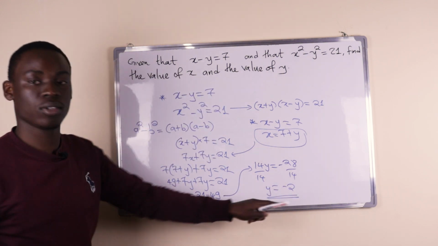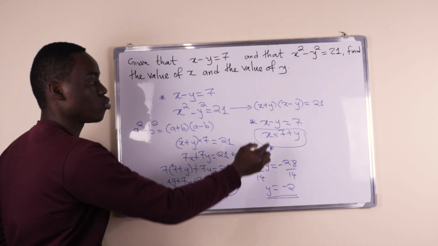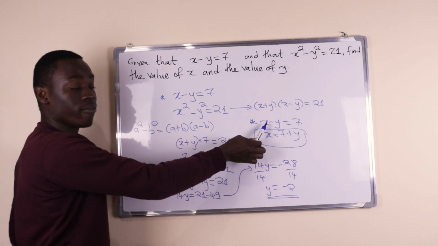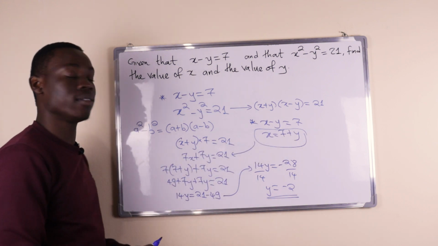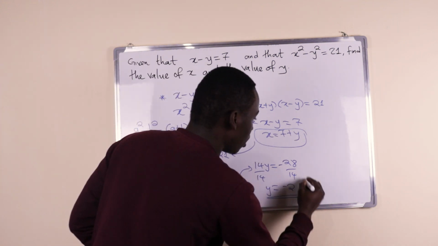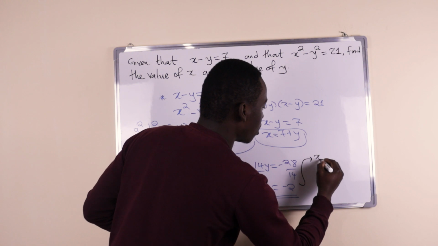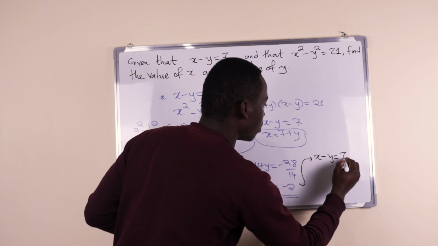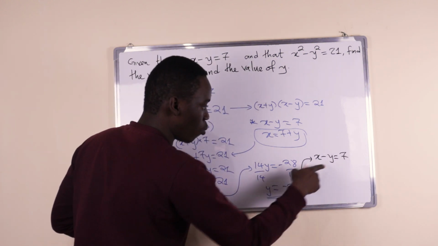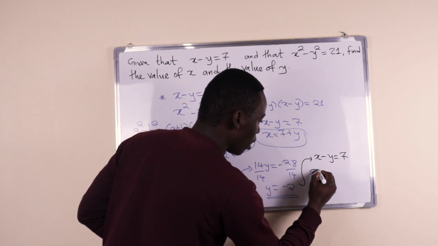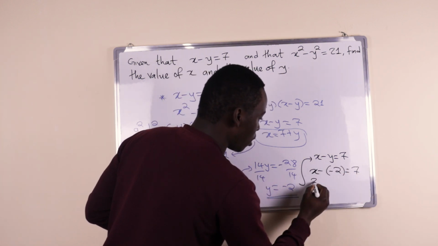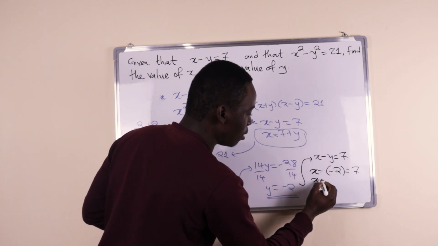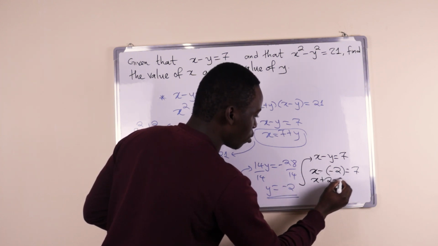Having found y is equal to negative 2, we get back to the first equation, x minus y is equal to 7, to find the value of x. Where y is, we put negative 2: x minus negative 2 is equal to 7. Negative times negative is positive, so x plus 2 is equal to 7.